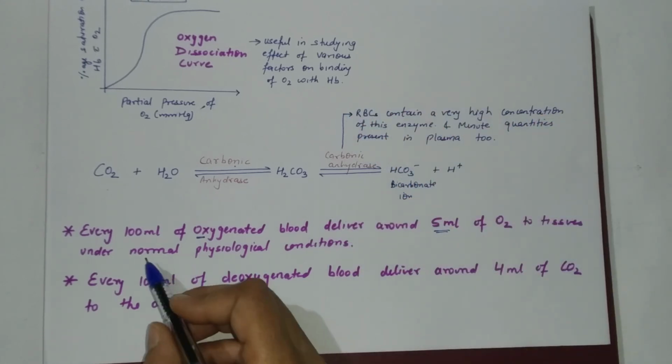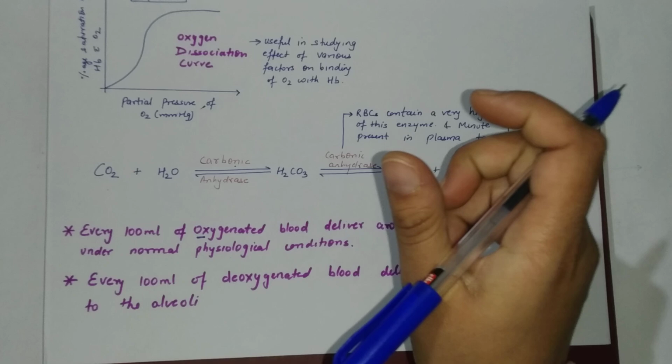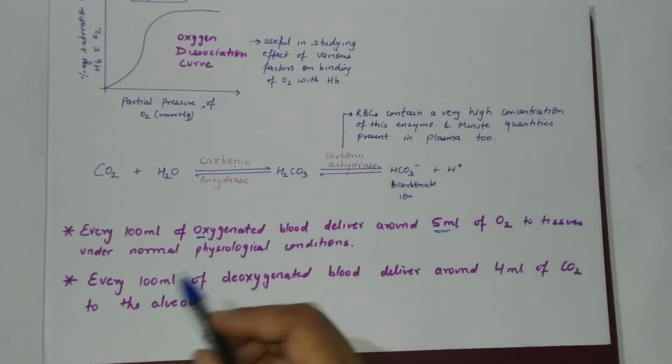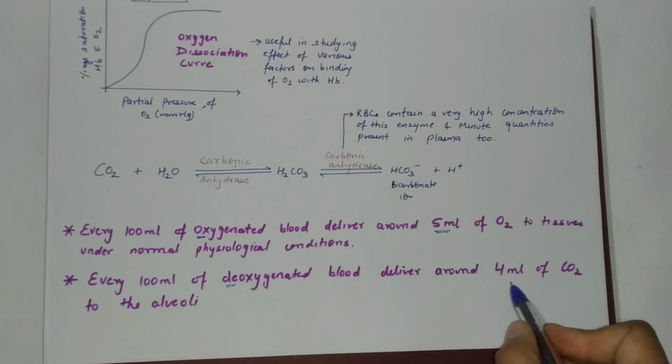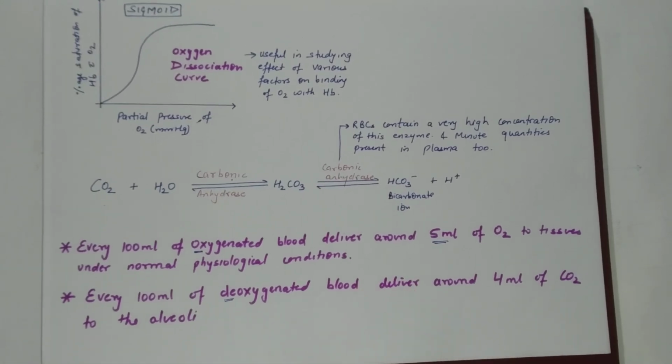Whereas every 100 ml of deoxygenated blood delivers around 4 ml of carbon dioxide to the alveoli. So we are done with this topic.